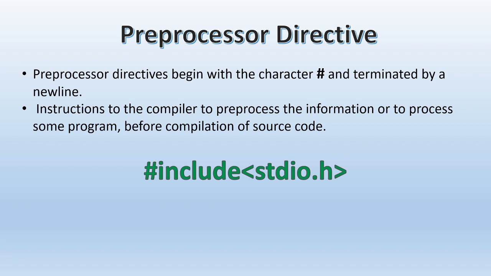In order to have input-output facility in the form of printf and scanf functions, we need to have a standard library. That standard library is stdio.h, standard input output.h, and it is included in your program with the help of the hash include preprocessor directive.